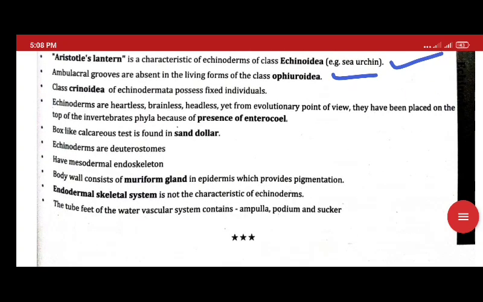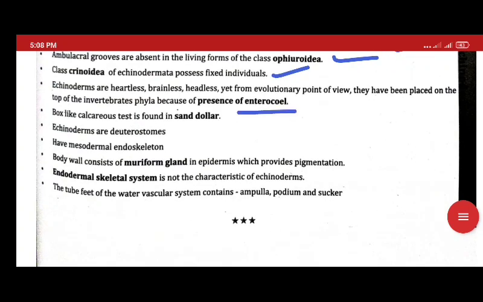Class Crinoidea of echinoderms possess fixed individuals. Now the presence of enterocoel: here enterocoelom is present, the more developed coelom, which is included in chordata and this phylum echinodermata.